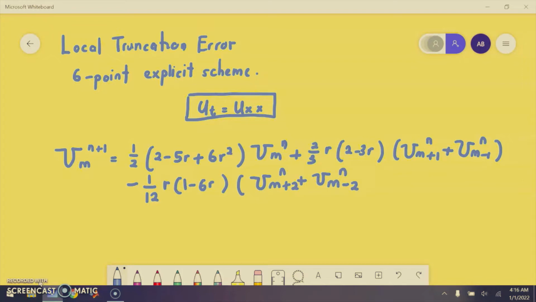Sorry, it's not minus, it's plus. Okay, so this is our 6-point explicit formula to solve the heat equation.